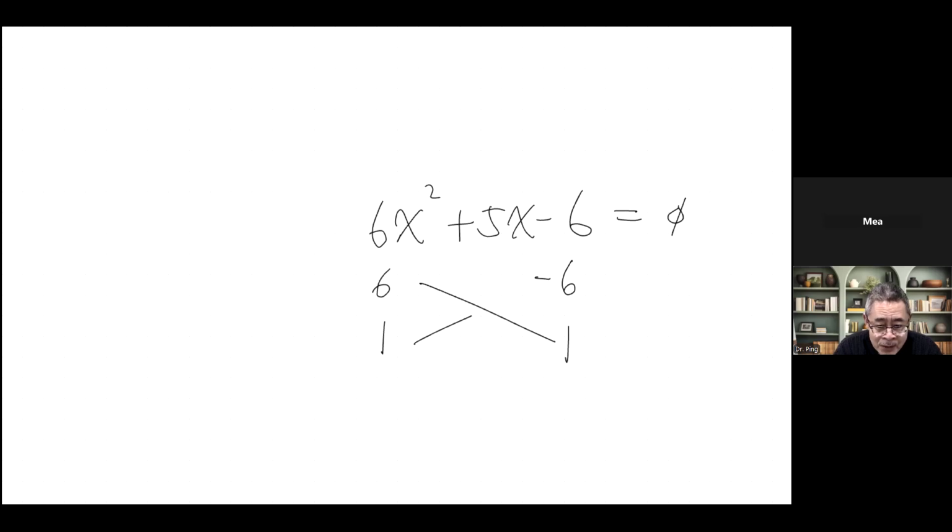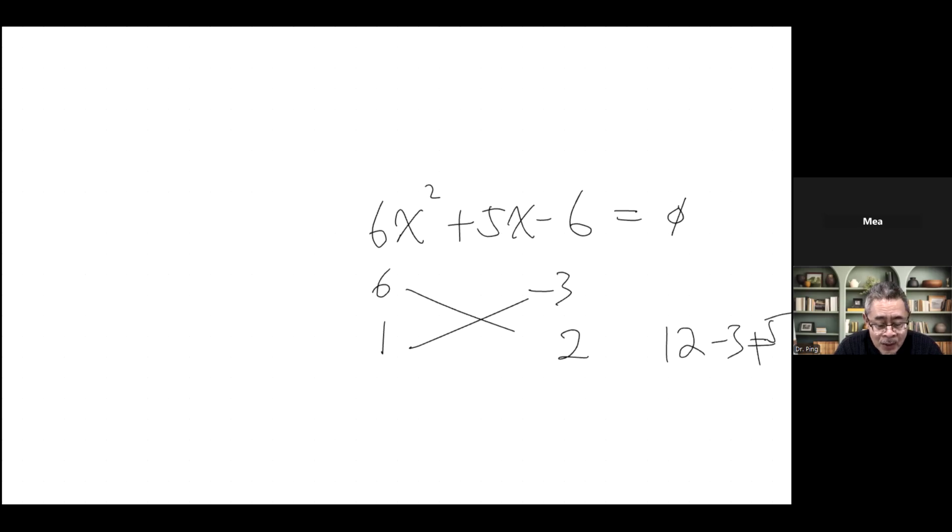If we move 6 down, -1, 6, 36, -1, 35, so it doesn't work. So therefore, that means we can break 6 into 3 and 2. So 2 times 6, 12, -3, that's not 5.